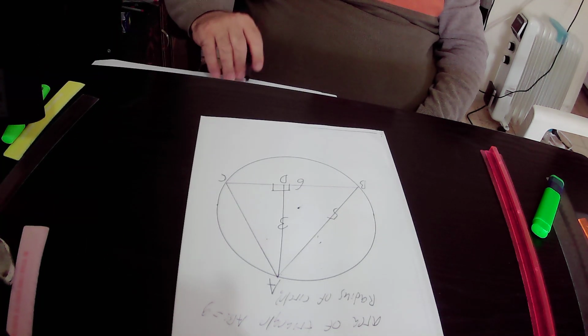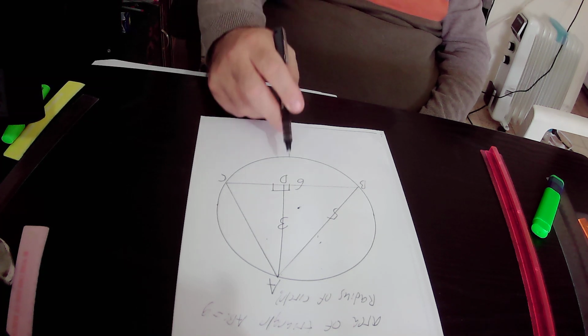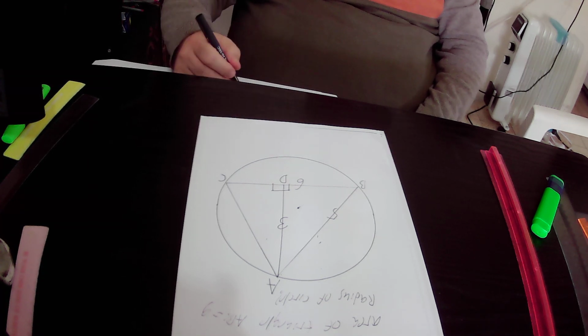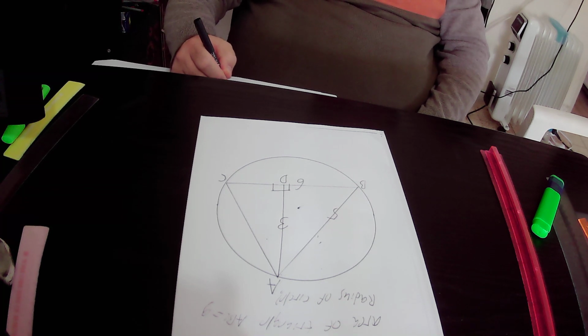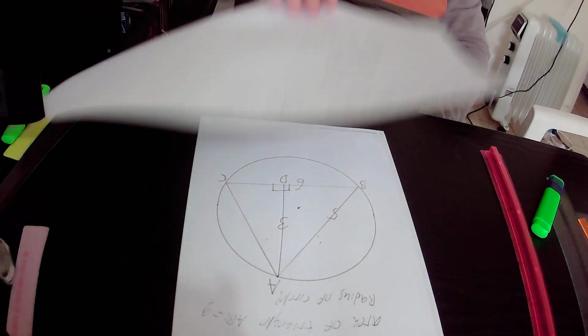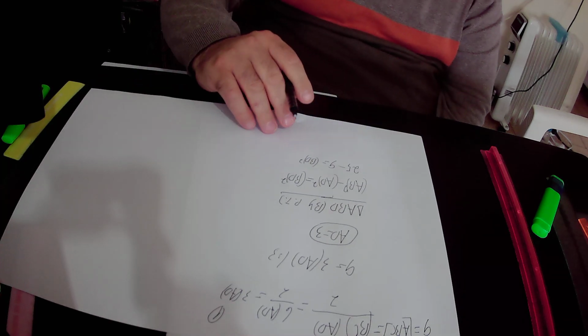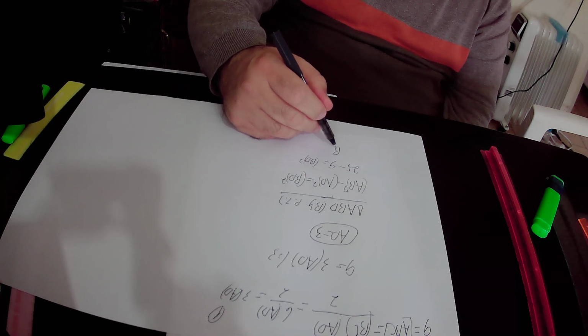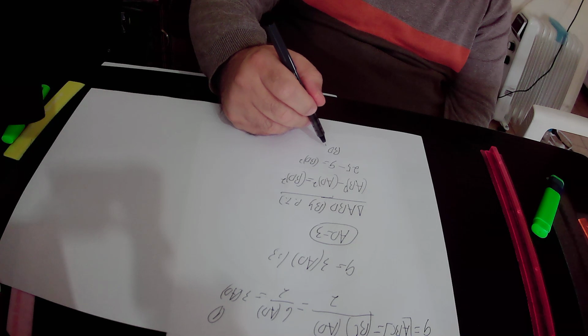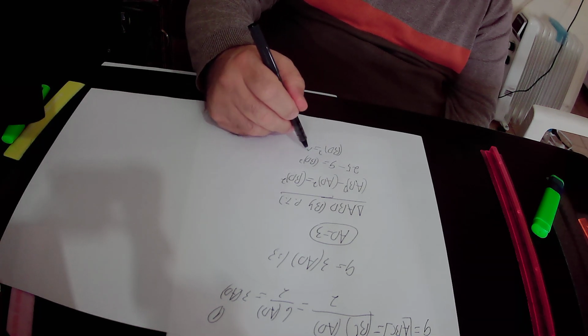AB equals 5, so AB squared is 25. AD equals 3, so AD squared is 3 squared, that is 9. That is equal to BD squared. So in conclusion, BD squared equals 25 minus 9, which is 16.